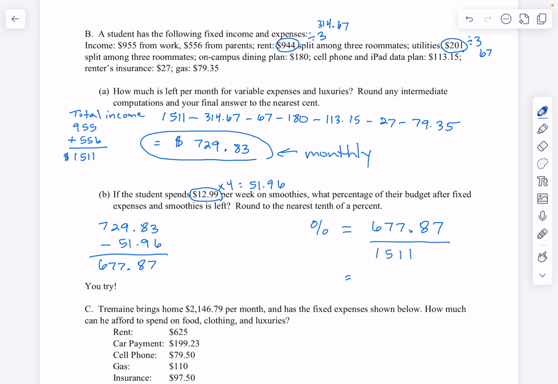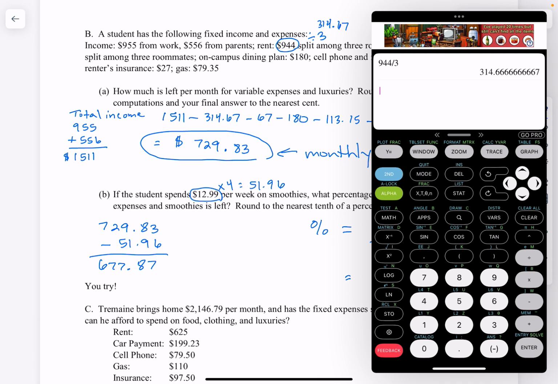Okay, so let's try this again because percents can sometimes be a little tricky. So you take $677.87 and you divide it by 1511 and you get a decimal. A trick with the calculator to easily change a decimal to a percent is to just multiply by 100 because that moves our decimal 2 spaces right.